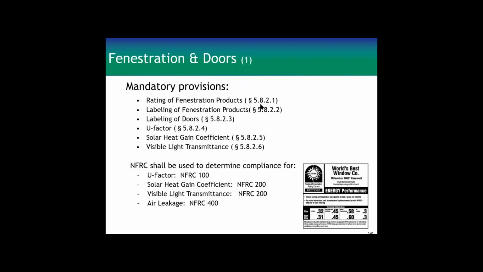So each one of these, this is 5.8, which is our requirements for construction, and so each one is referenced back to those sections, and then this will be able to tell you if you comply.